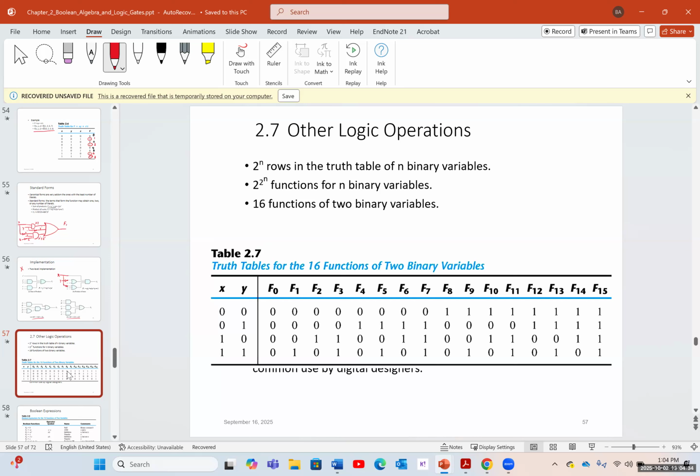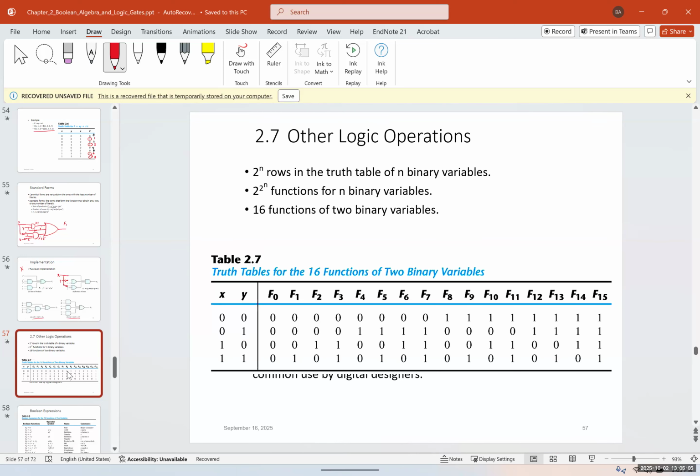Now, for the logic operations, another thing that I want to expand on is different types of logic operations using n bits. So if we have n bits, for example 2 bits, x and y, then we would have 2 to the power of n rows in the truth table of n binary variables. So this is for just drawing the truth table.